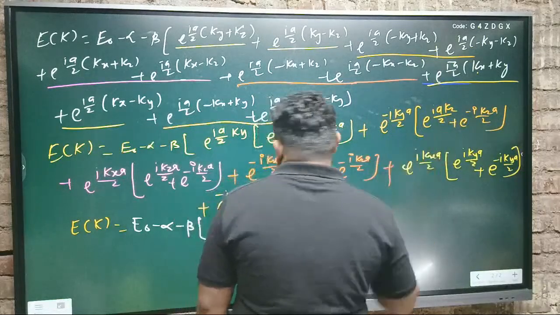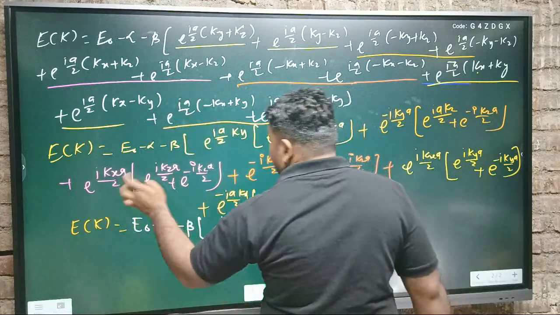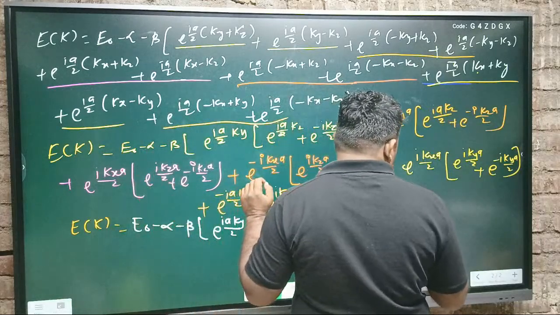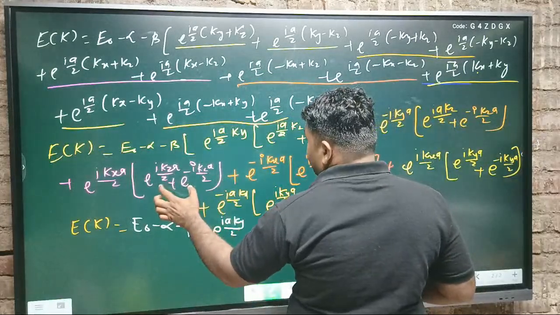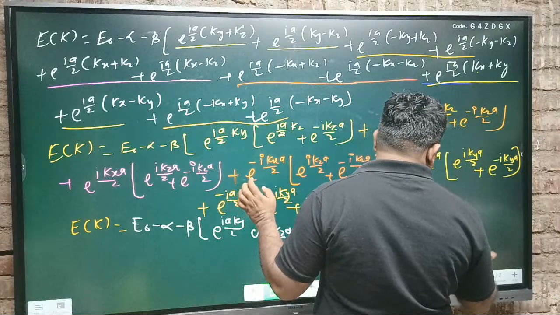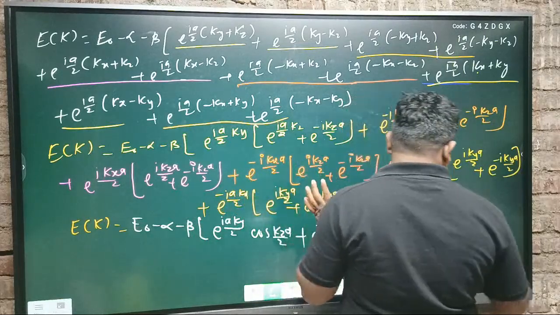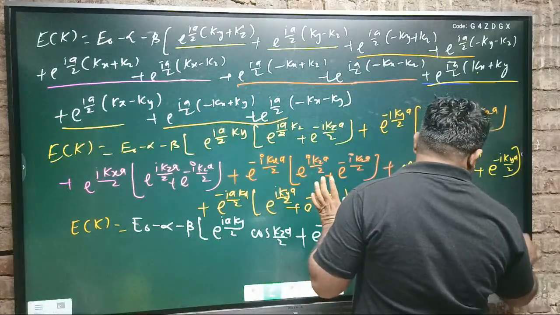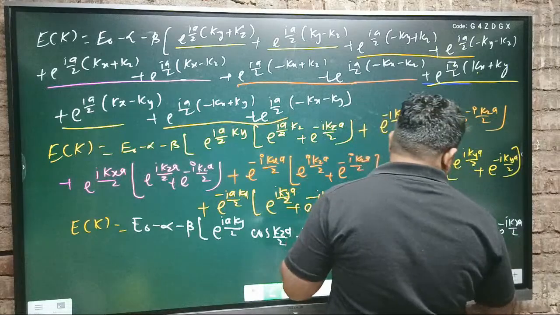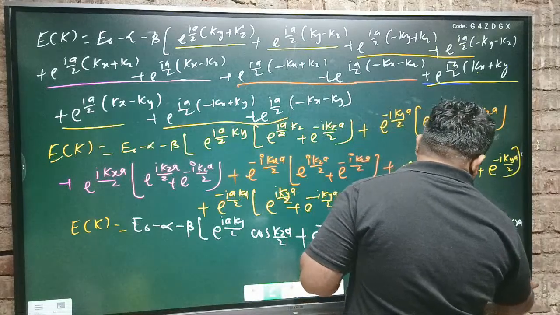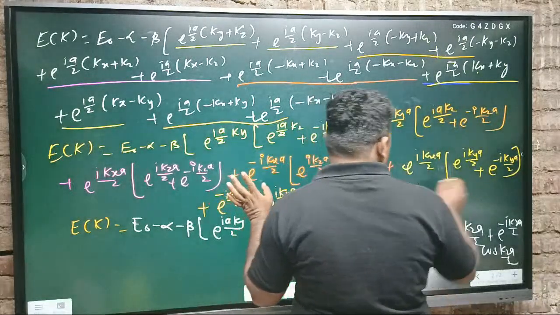Okay. Second term also over. Focus on third one. Third term, e to the power I kxa upon 2, and this term can be written as cos kz upon 2. Okay. And this term also same, plus e to the power minus I kxa upon 2 into cos kz upon 2. Okay. Cos z or next.